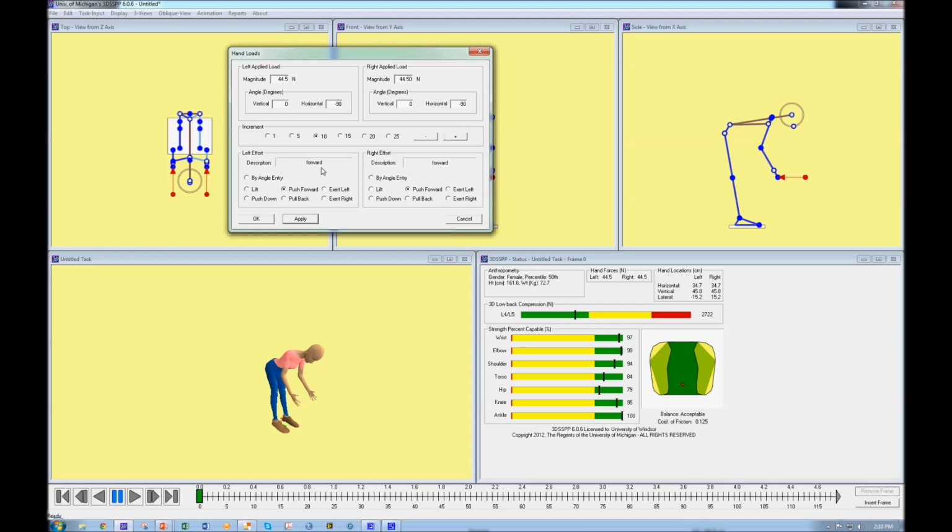Again, this is for reactions, and the calculations within the software are calculating against the reaction of what you're trying to do. If it's a lift, the effort will be up from the hands, and the reaction to that is downwards, and that's what we're reacting to when we lift. We're reacting to the fact that gravity wants to pull the box down.